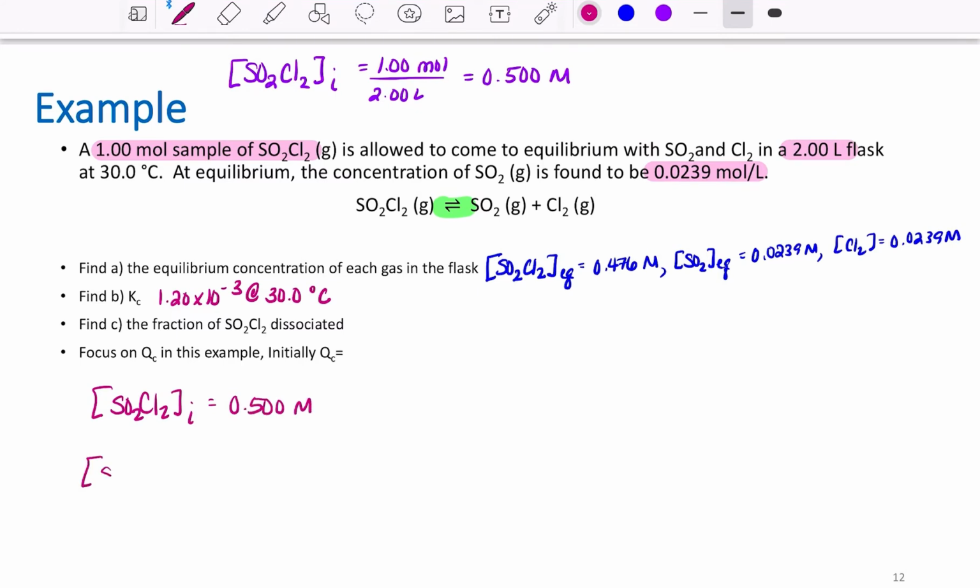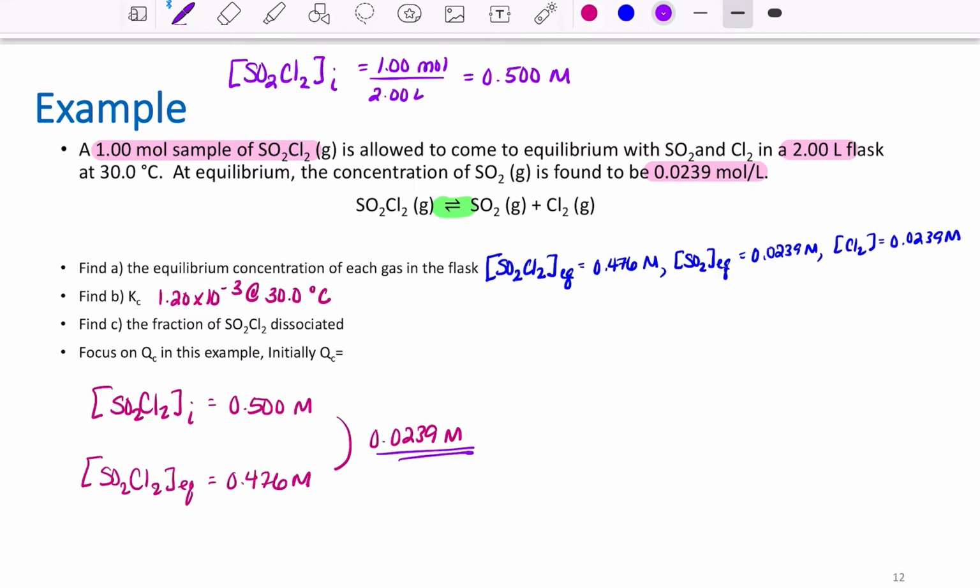We know at equilibrium we had a concentration of 0.476 molar. What this means is 0.0239 molar dissociated. That was the amount of the SO2Cl2 that actually decomposed to form SO2 and Cl2. This is the value that dissociated.